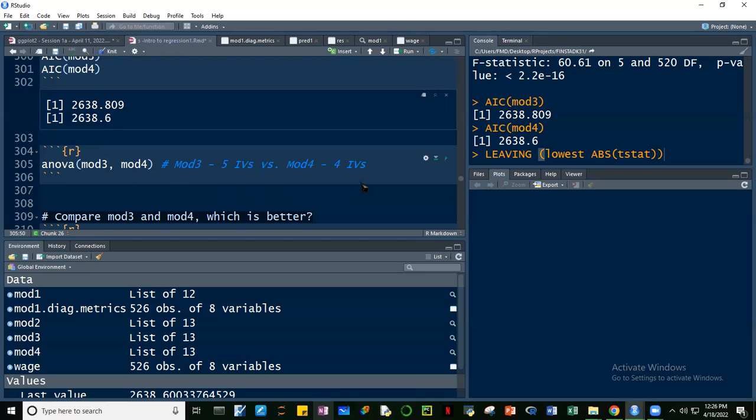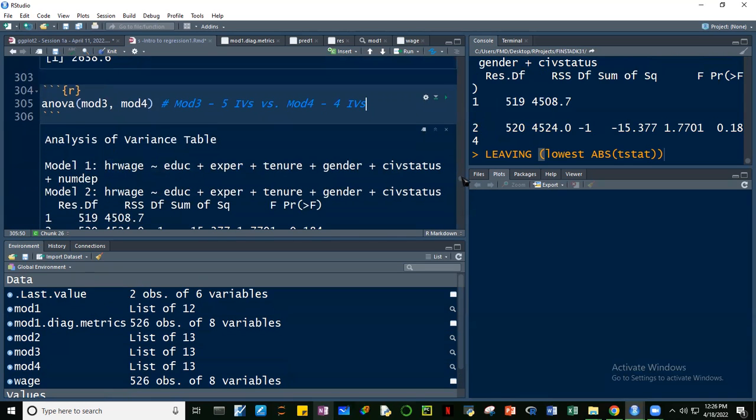So sino yung restricted natin dito? Ang restricted model natin is model number 4, yung mas konti. Ano yung null hypothesis natin? Model number 4 is preferred to model number 3. Laging ganun guys, yung restricted, yung mas konting independent variable, siya yung null hypothesis natin. Okay, so let's run this. Okay, ano lumalabas guys?